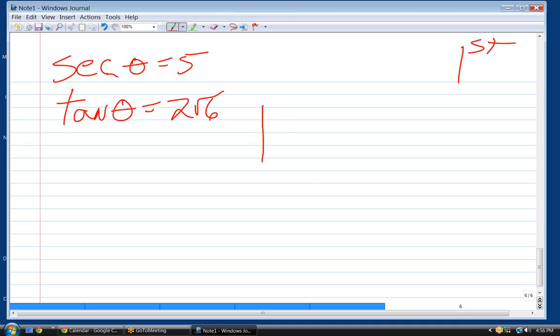Okay, so we have to draw the triangle. Hypotenuse would be 5. And then the horizontal side, that would be a 1.